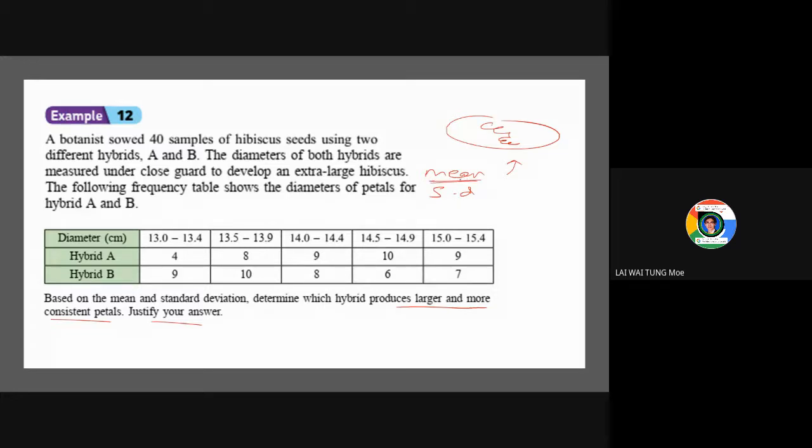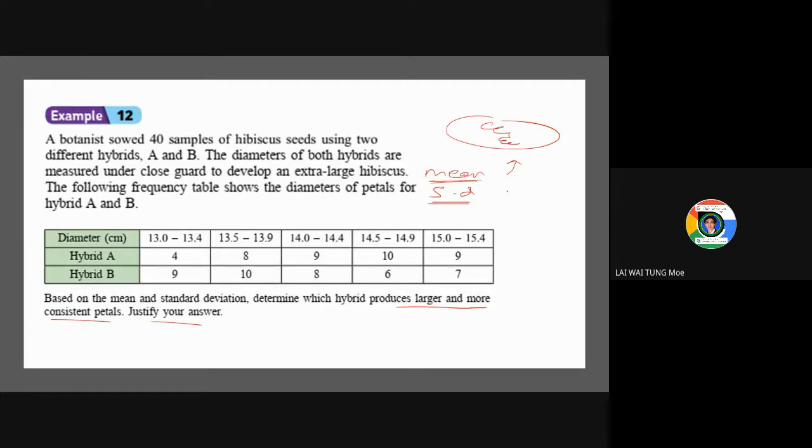So this means we refer to the question. In this case the mean refers to the diameter of the petal. If the mean is larger, the petal will be bigger. If the mean is smaller, the petal will be smaller. And then the standard deviation refers to the consistency of the size of petals.